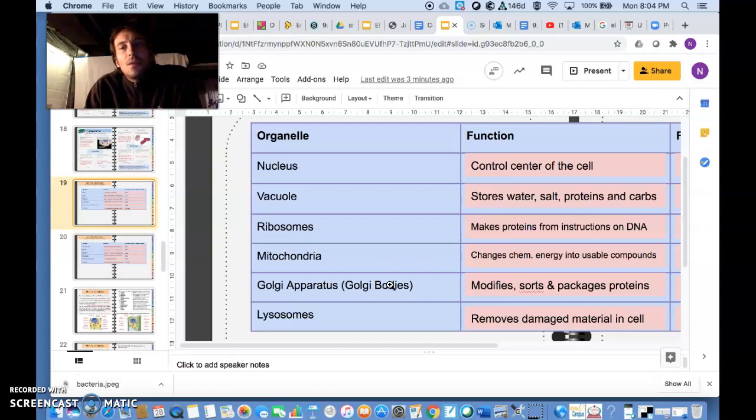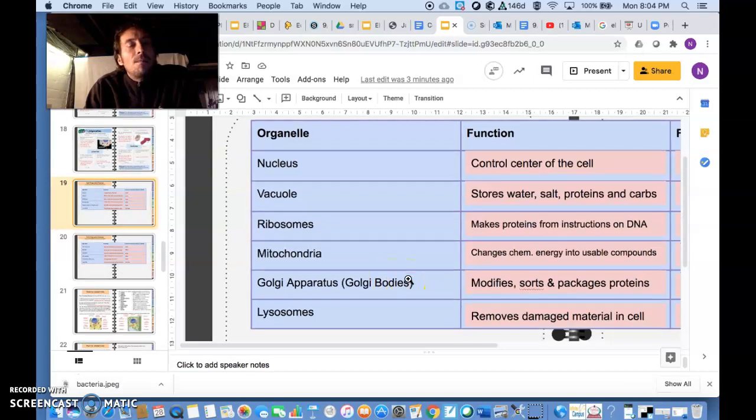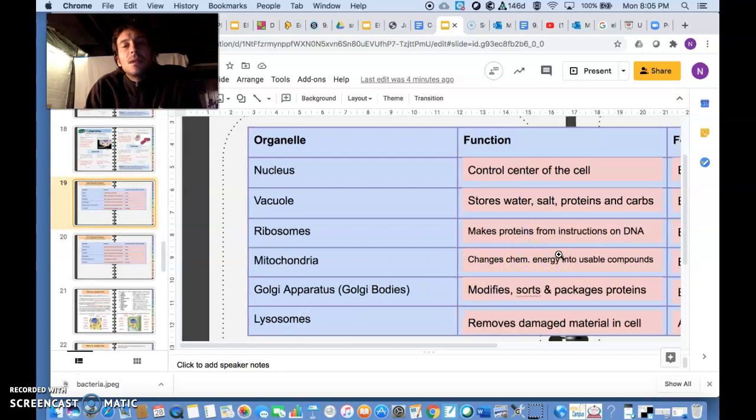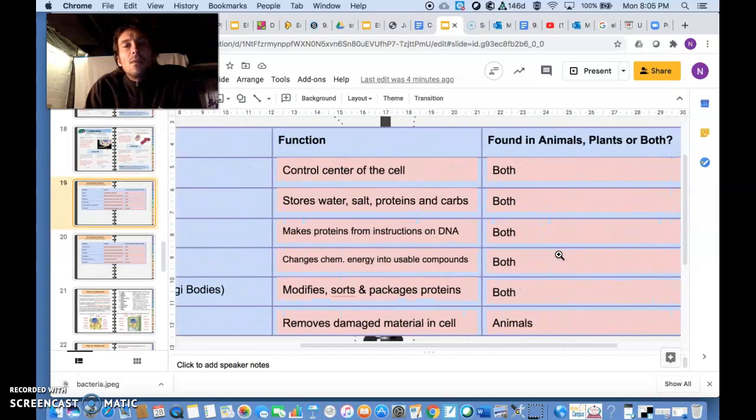So, a little review. We talked about this yesterday in class and in our video. The different organelles here, if you wanted to key out your interactive notebook of what the nucleus, vacuole, etc. here do and where they're found.